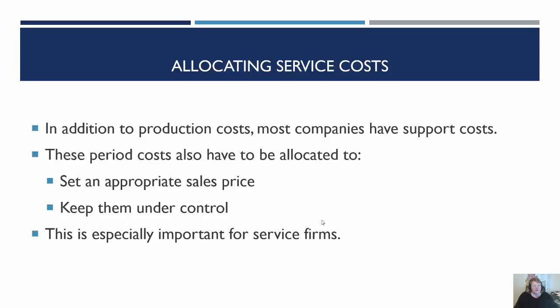Anything that happens outside of manufacturing that contributes to the business, those costs need to be included when you set the sales price of an item because you need to cover those as well. Not only do we need to cover direct materials and direct labor and manufacturing overhead, we need to cover these service costs or support costs so that we can cover all of our costs and still make money.